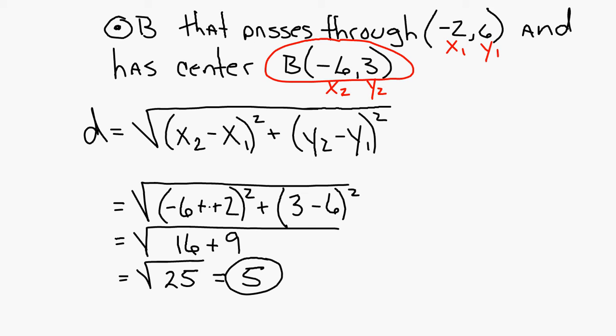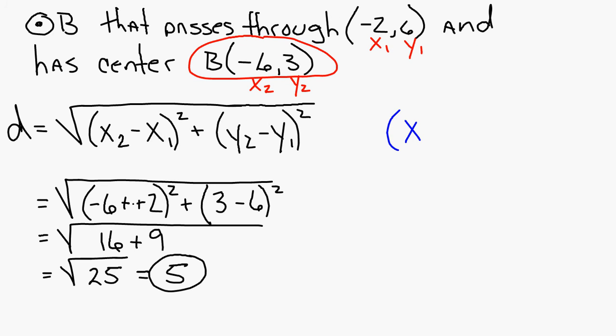So your formula, or your equation for this circle, is going to be x, and then what? Opposite of, x plus 6, right?